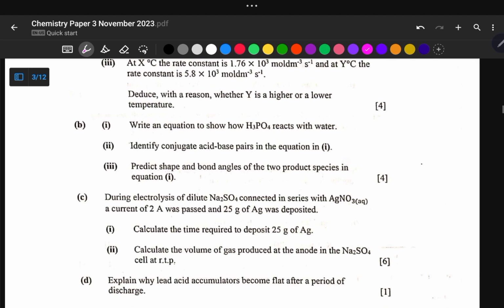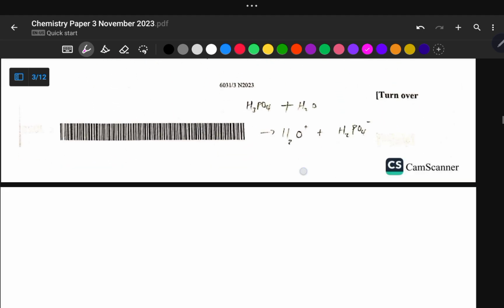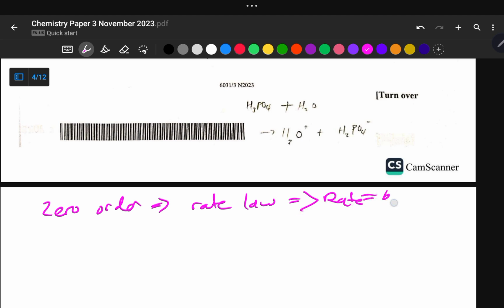So for zero order, the rate law is only dependent on the rate constant, right? So the rate is independent of the concentration of the reactant.